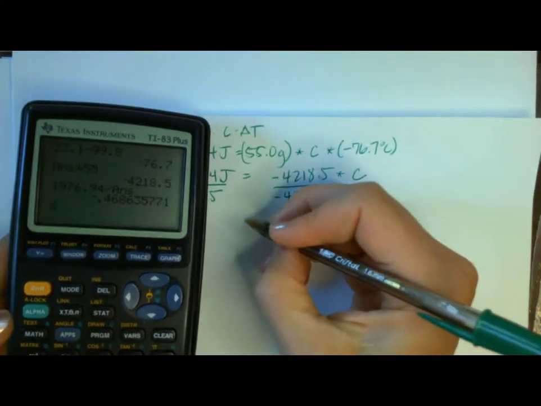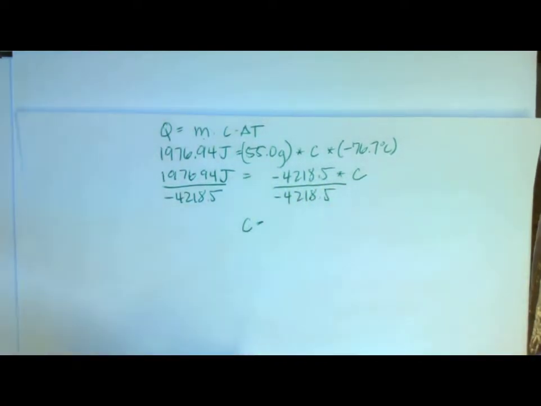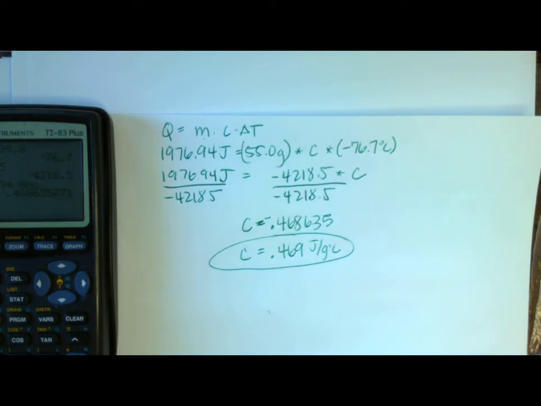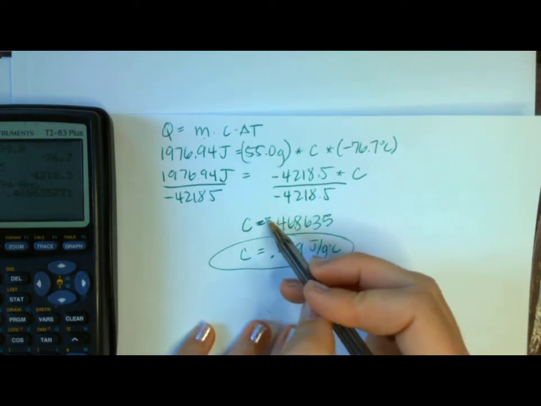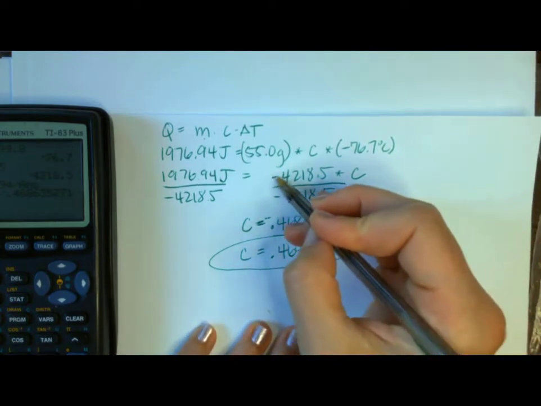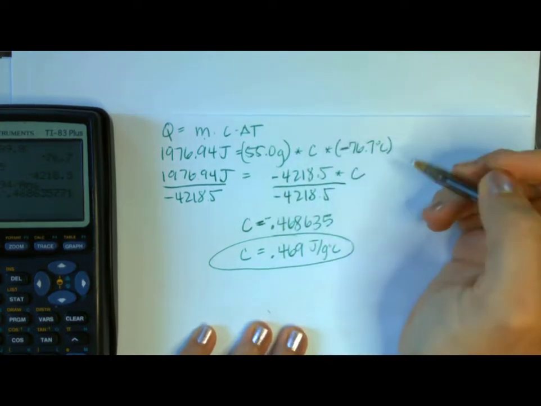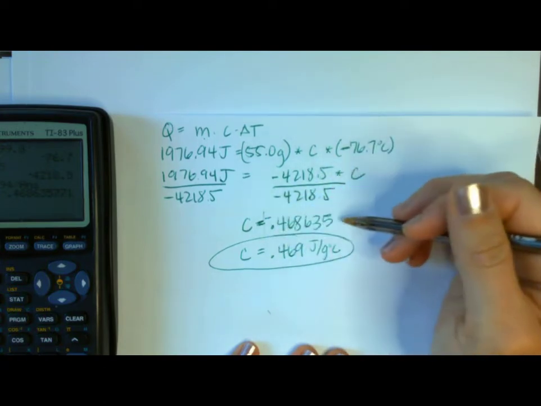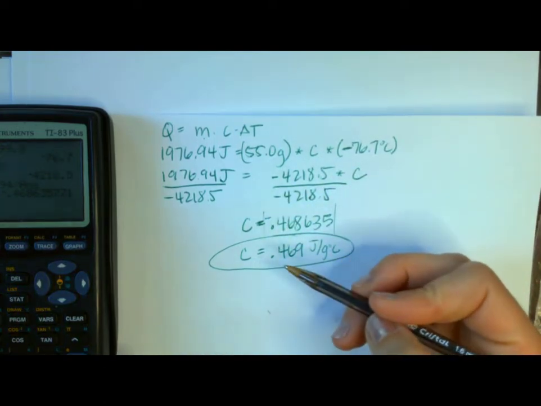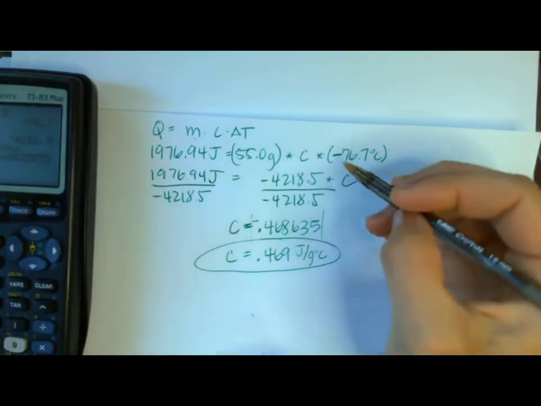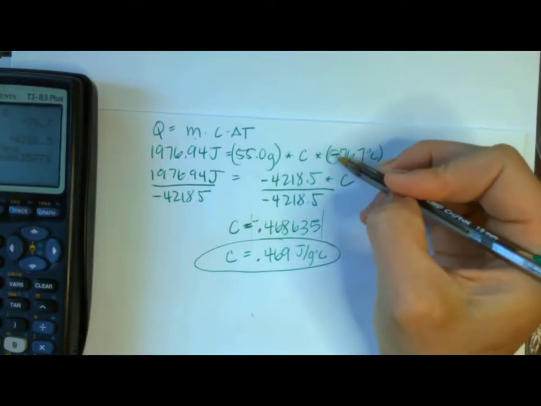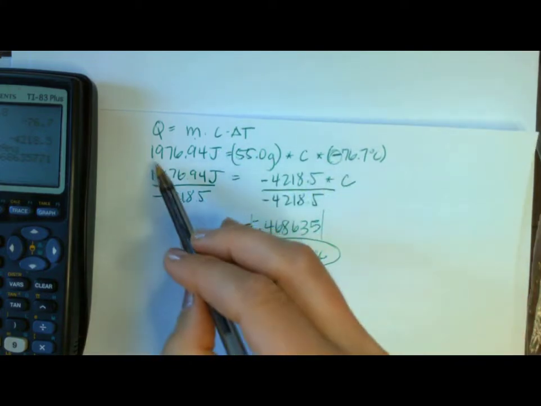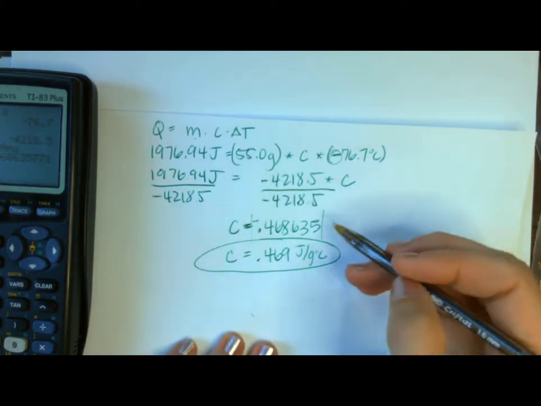So the specific heat is, and then our C, what I got was, because we divided by this negative, because we found that negative delta T, we're actually going to take the absolute value of this because we don't have negative specific heats. That negative is more to imply and tell us that that temperature went down and that our Q, our heat, would be that equal and opposite.